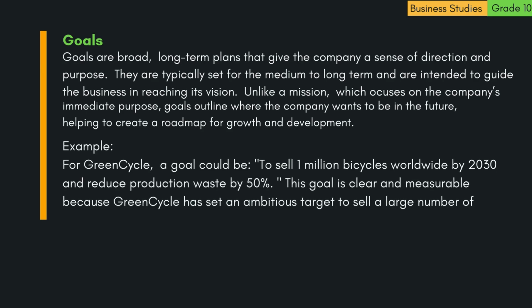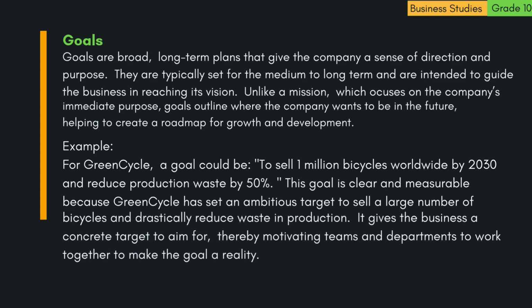Example: for GreenCycle, a goal could be to sell 1 million bicycles worldwide by 2030 and reduce production waste by 50%. This goal is clear and measurable because GreenCycle has set an ambitious target to sell a large number of bicycles and drastically reduce waste in production. It gives the business a concrete target to aim for, thereby motivating teams and departments to work together to make the goal a reality.